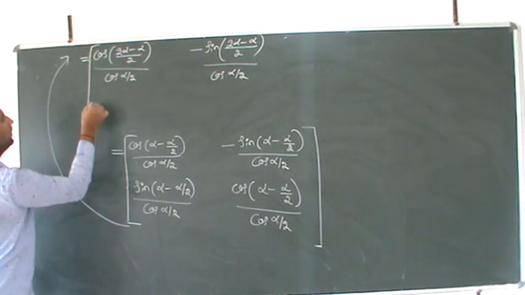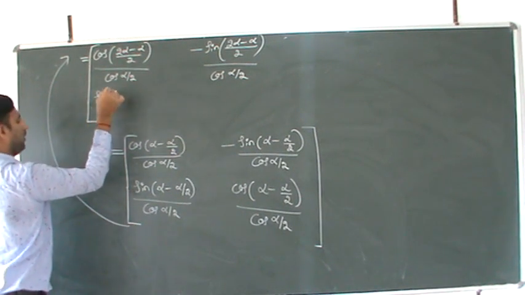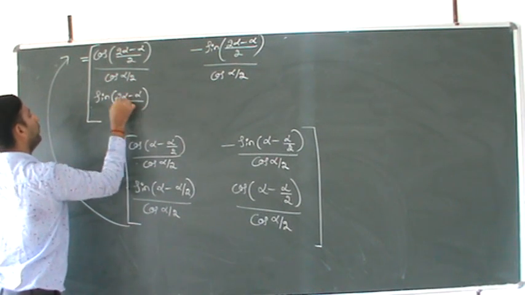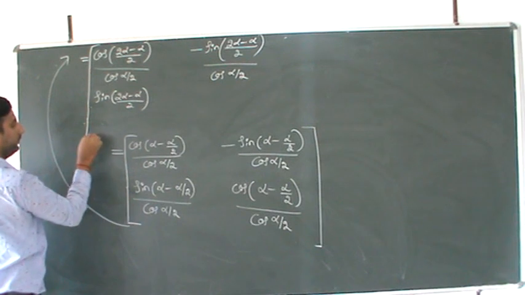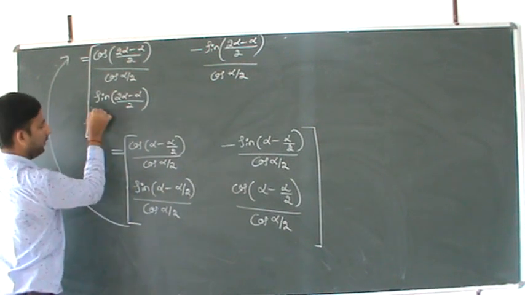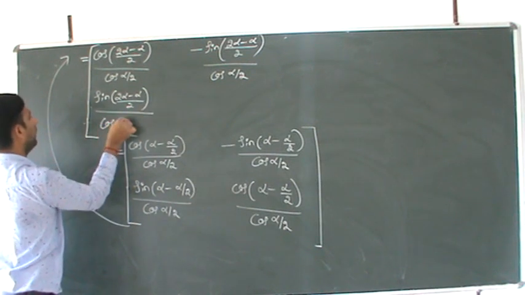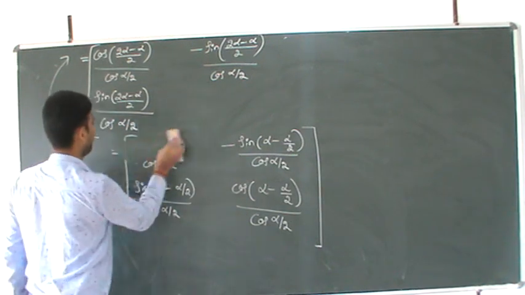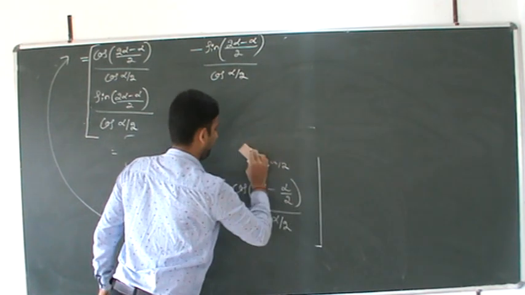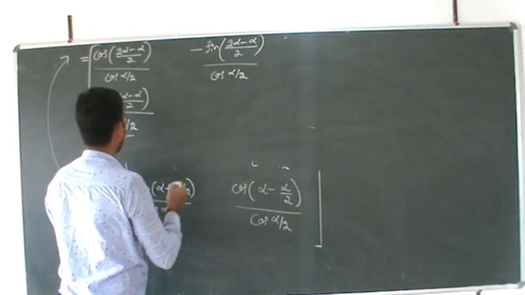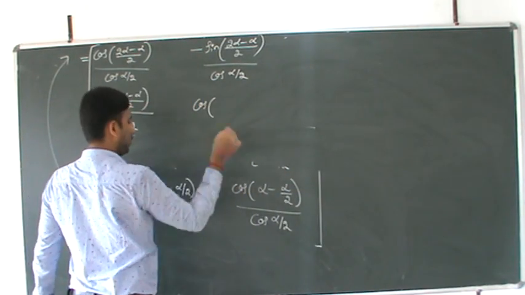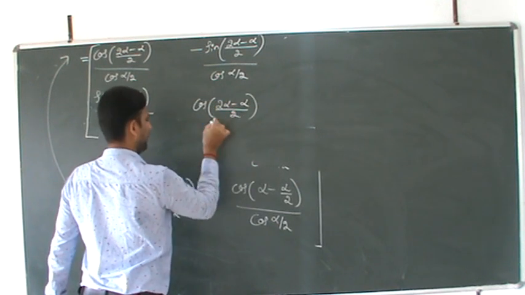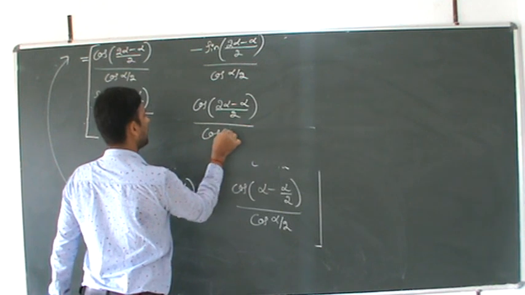After that, sin of 2 alpha minus alpha divided by 2, whole divided by cos alpha by 2. After that, cos of 2 alpha minus alpha divided by 2, divided by cos alpha by 2.